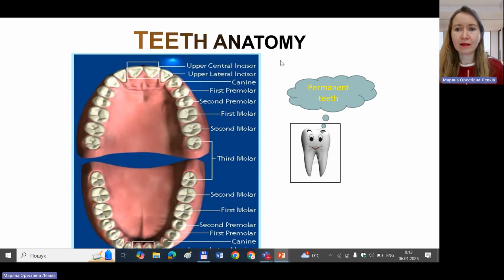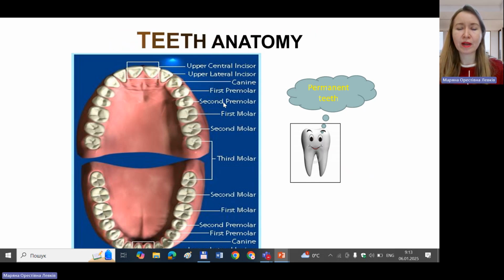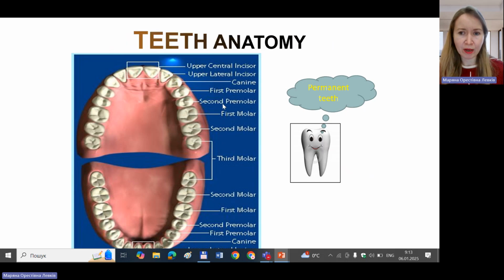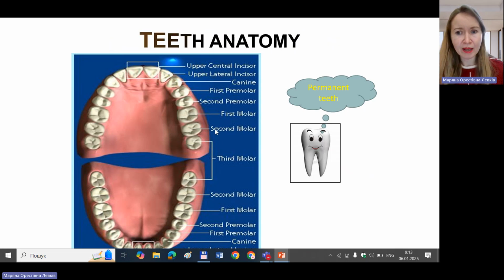Permanent teeth have one more group. It is the premolar group. So after the canine go the first premolar and second premolar, and the rest of the teeth are the same: upper central incisor, upper lateral incisor, canine, first premolar, second premolar, first molar, second molar, and third molar.